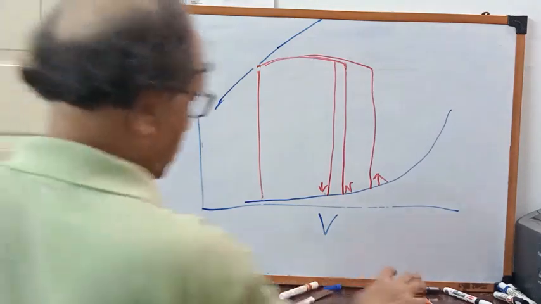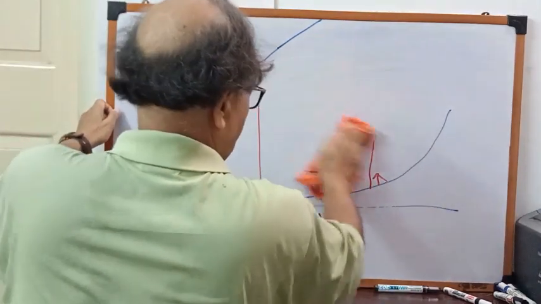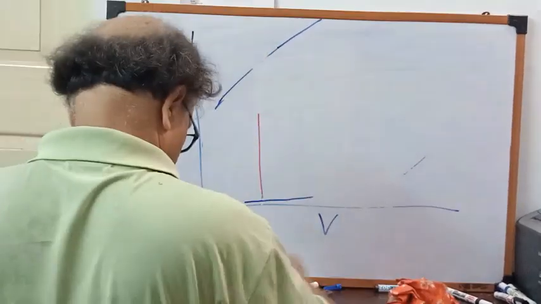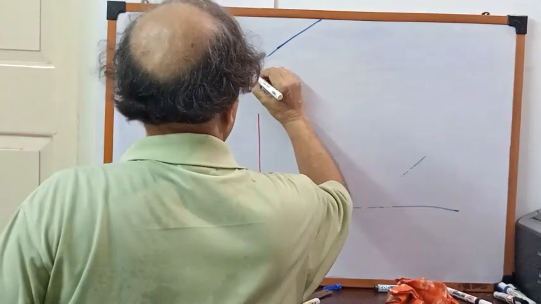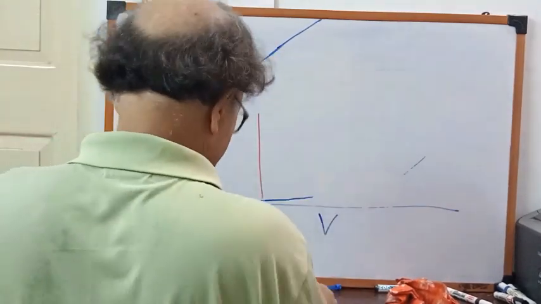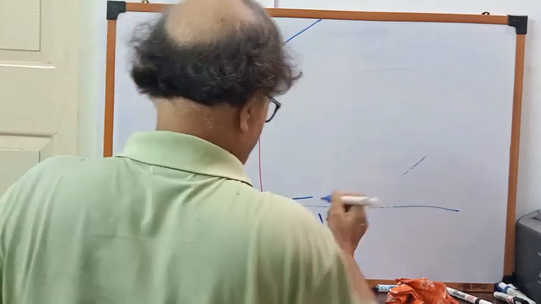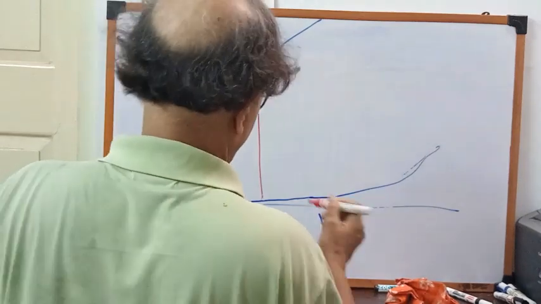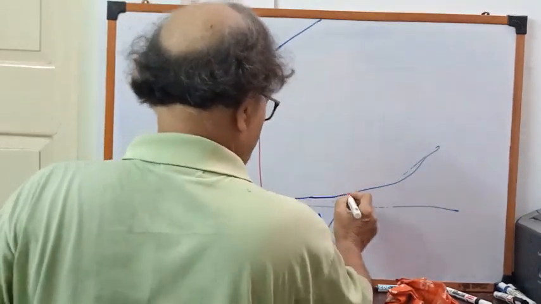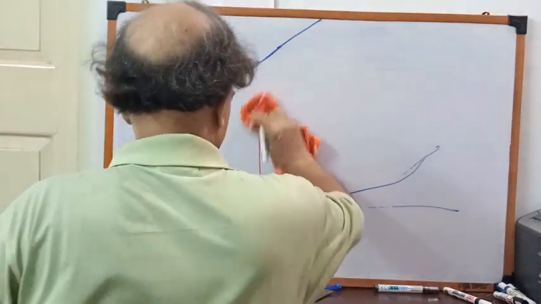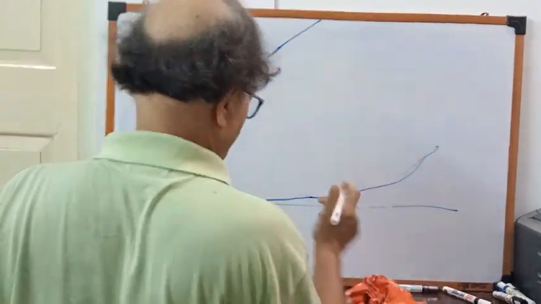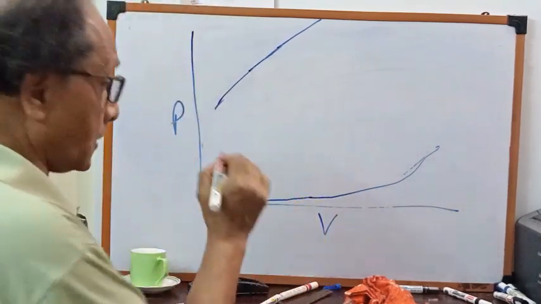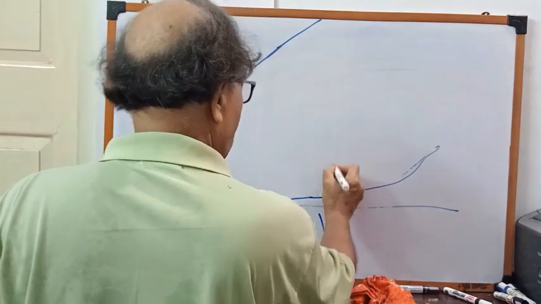What happens in case of afterload? Let us see. For afterload, this is the isometric pressure line. This is the filling line. Now suppose this is the end diastolic ventricular volume, and if afterload has increased, it will go further.